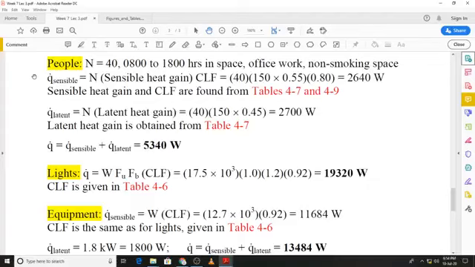We are told that the occupancy is 40% and also that they are present in the conditioned space from 0800 to 1800 hours. That is a total of 10 hours in the conditioned space, and the office environment is non-smoking.